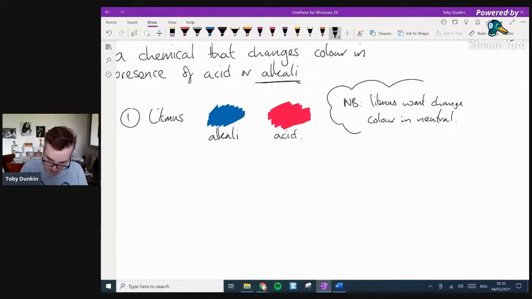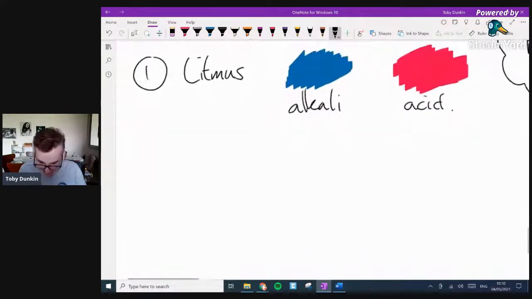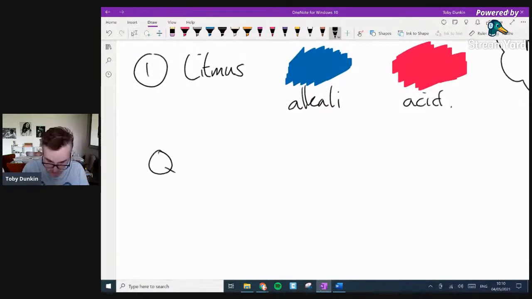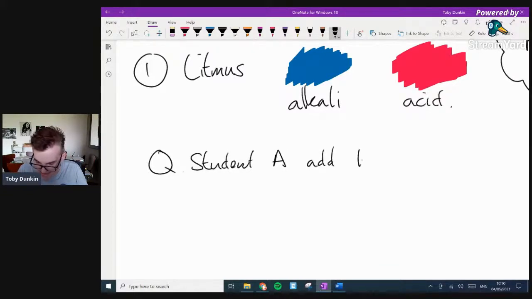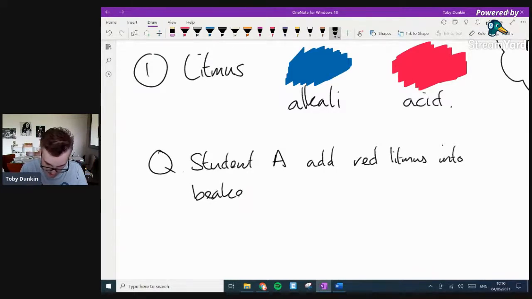Now, litmus is a bit of a pain, and they do this all the time at GCSE. So what they'll do is just an exam style question here. Student A adds red litmus into beaker 1.